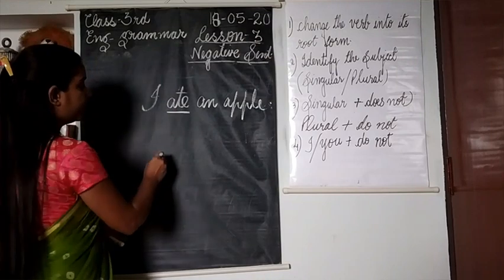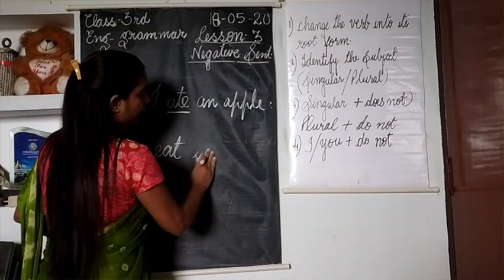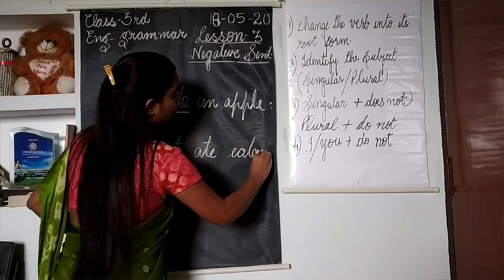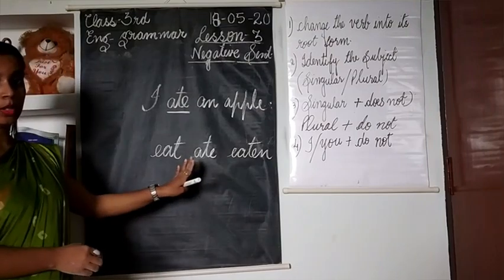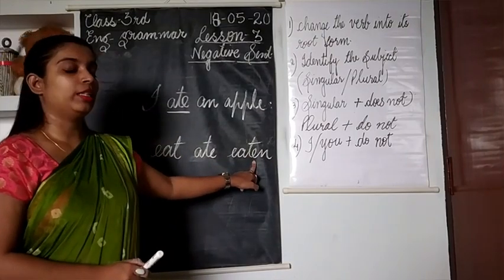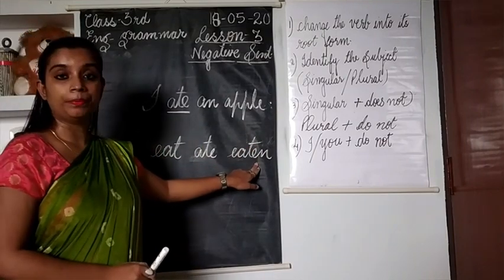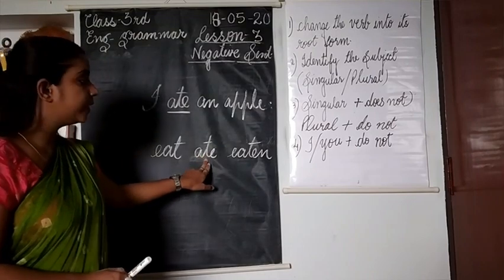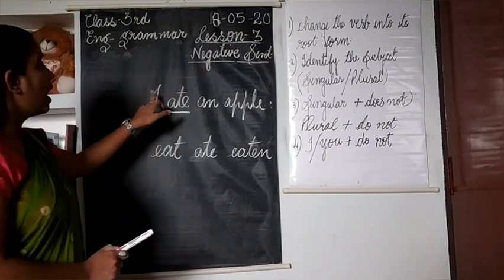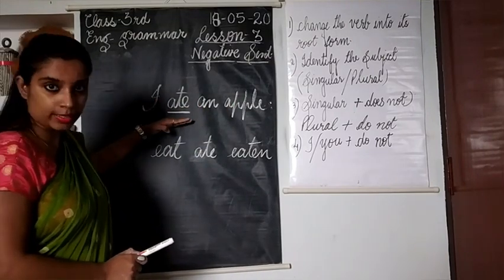And ate is the second form of eat. Now see, there are three forms of verb. Okay? Base form, second form, past participle, or you can say third form of the verb. So eat, ate, eaten. Now here you can see ate is the second form of verb which is used in this sentence, I ate an apple. It means that this sentence is in past tense.